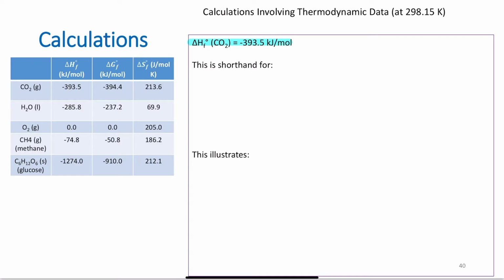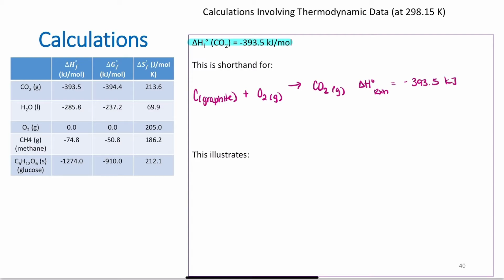Well, writing this, the short piece here, is shorthand for writing the following. Carbon graphite plus O2 gas yields CO2 gas, and the delta H naught of reaction here is negative 393.5 kilojoules.